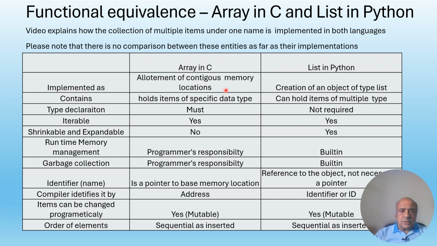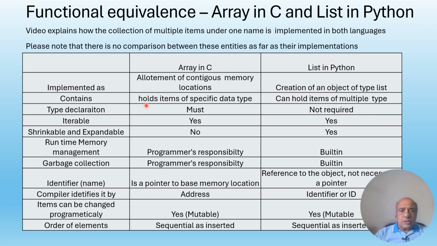Arrays in C, when they are declared and defined, get the allotment of contiguous memory locations at the time of compilation, whereas list in Python creates an object of type list. This is a major difference which cannot be compared with each other. Only thing is how arrays store data and how lists store data. That we can understand from this.